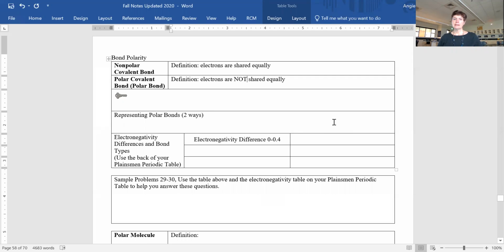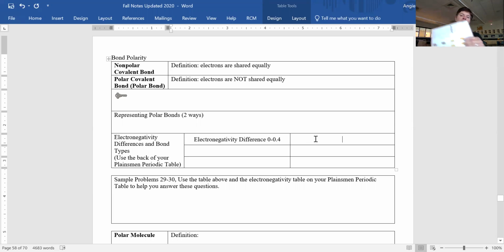Now let's look a little bit more closely at that electronegativity table on your periodic table. You can see that these atoms are arranged just as they are on the periodic table, and they have a value associated with them, which tells how strongly they will pull on the electrons of a bond when it's with another atom. Right below that table, you can see where it says electronegativity difference, 0 to 0.4.